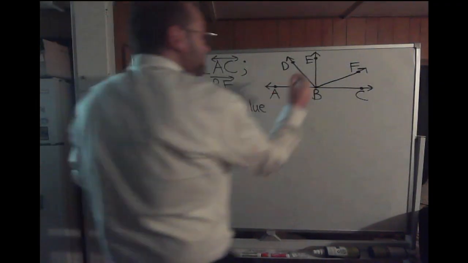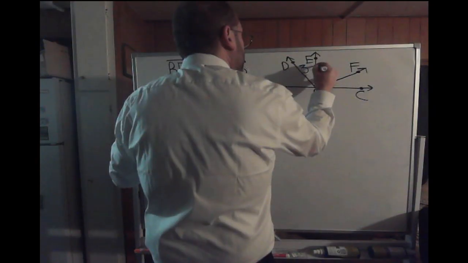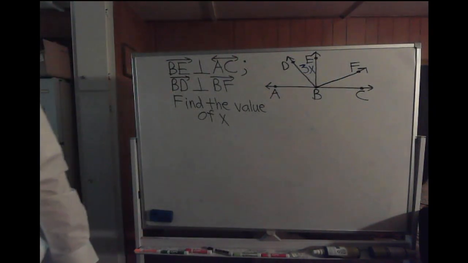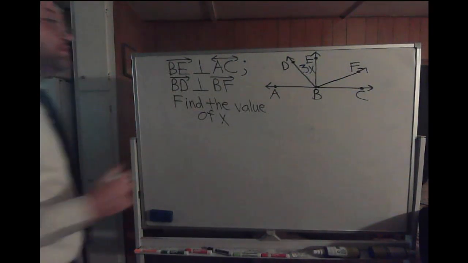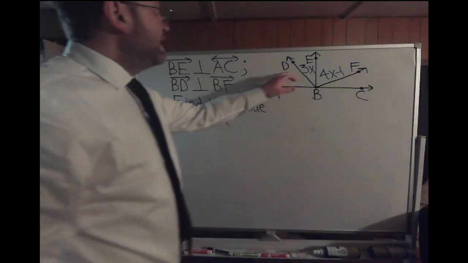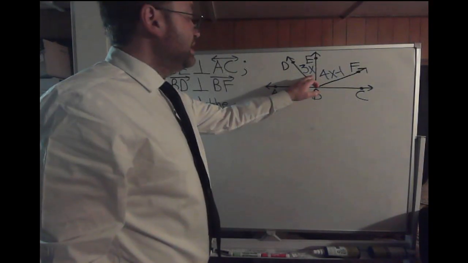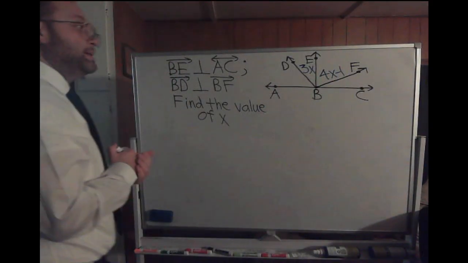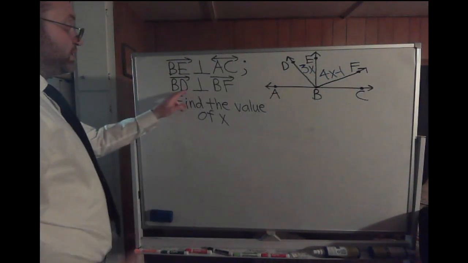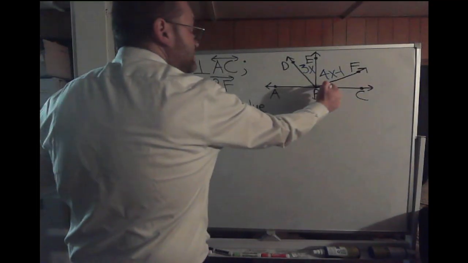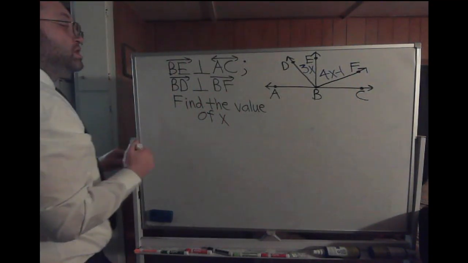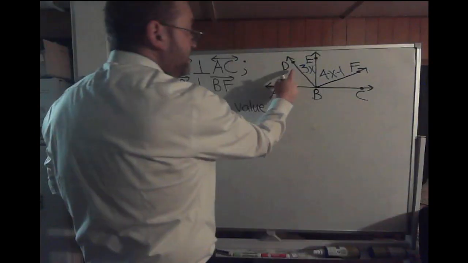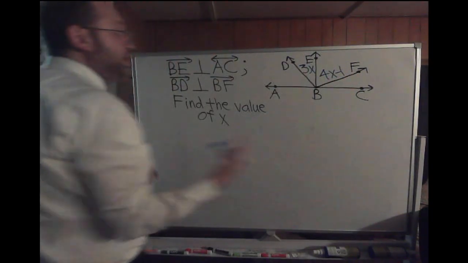All right, angle DBE is equal to 3x. Angle EBF is equal to 4x minus 1. We are given that ray BD is perpendicular to ray BF, which means that the total angle DBF would equal 90 degrees.